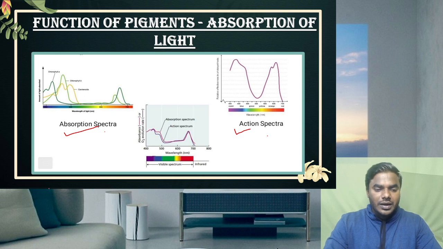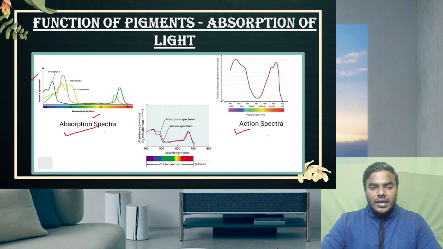If you look into the graph clearly, on the x-axis we have taken the wavelength of light, and on the y-axis the amount of light absorbed. Here in the graph I have given three pigments: chlorophyll A, chlorophyll B, followed by the carotenoids. Now, every one of you try to understand carefully.